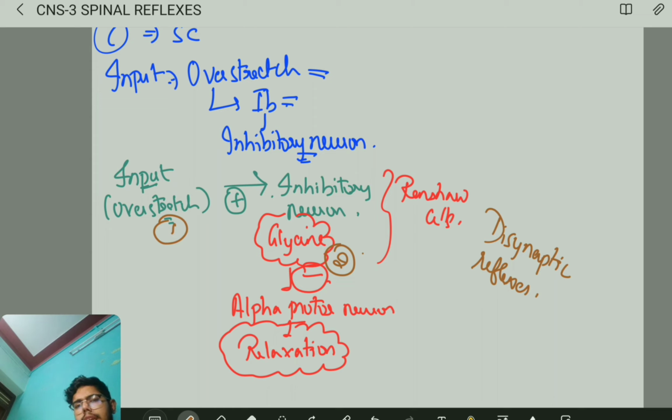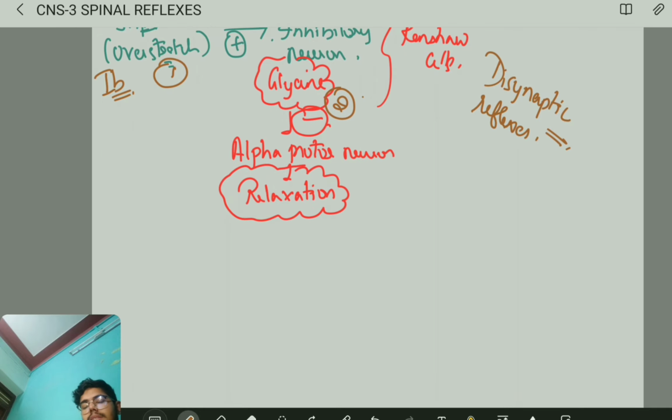I forgot to say that the input is through IB. Don't forget, IB fibers. Two synapses, so disynaptic reflexes. This you have to know. We learned about the pathway of the inverse reflex.